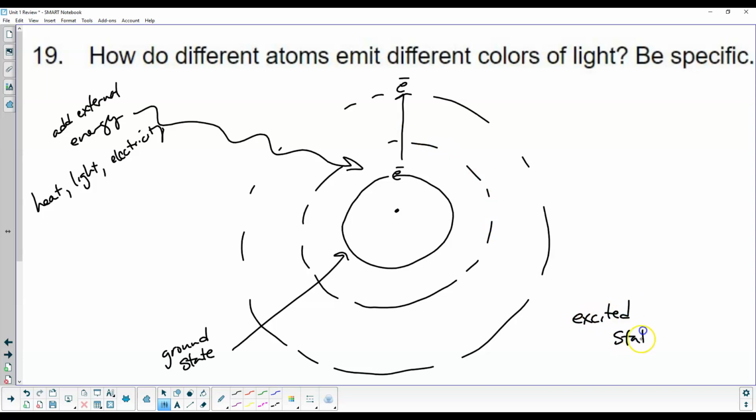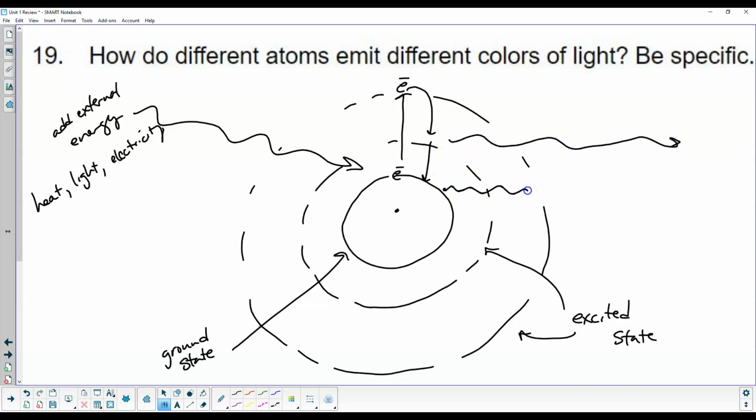So these are just high energy states. This electron is at an elevated state, and it has the natural tendency that it wants to fall back down. And as it falls back down, it's going to have photons of light released.